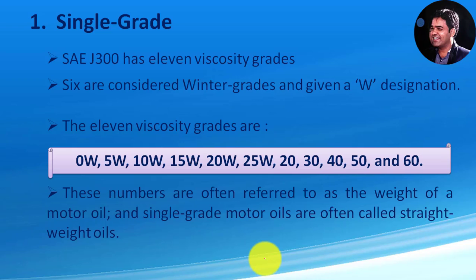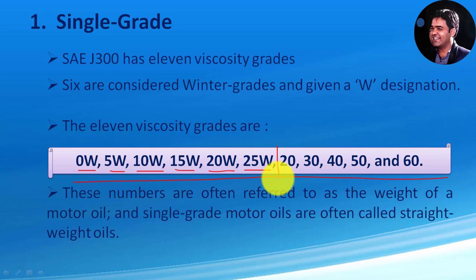The 11 viscosity grades prescribed by the SAE under SAE J300 are designated with numbers: 0W, 5W, 10W, 15W, 20W and 25W.